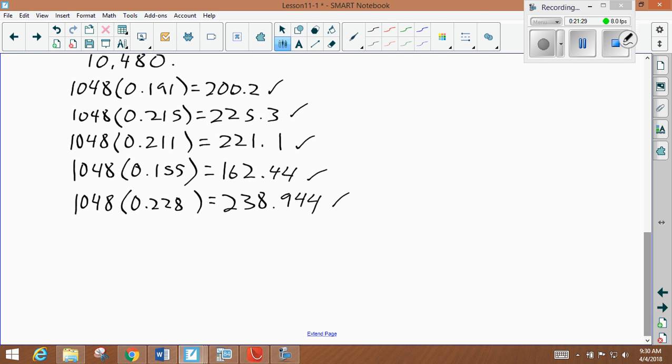Guys, on the AP exam, if you get a chi-square problem, you are going to have to do this. Our sample size is so large that all of our expected counts are going to be over 5, but you still have to do this anyway. You can't just say that because the sample size is large, obviously these are over 5.